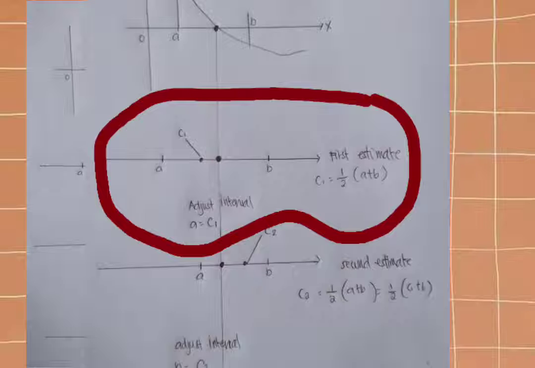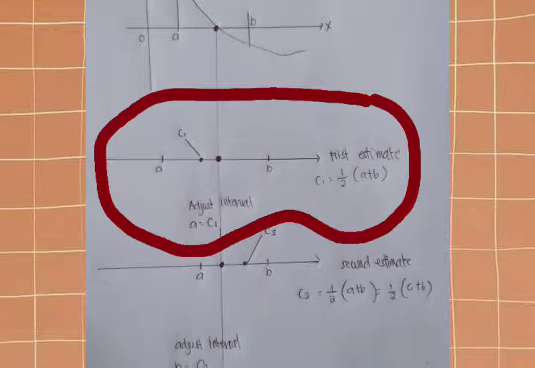Our third step is to find the midpoint, which is illustrated here. So C1 is equal to 1/2 times the quantity A plus B. It is simply the midpoint of the interval A and B. We can call that C1 or C sub 1, the first estimate for the root of the function f that lies between the points A and B. The fourth step is to evaluate the function of x at the point C1.